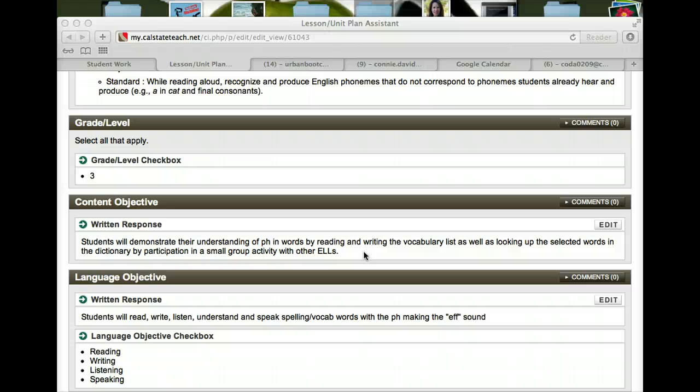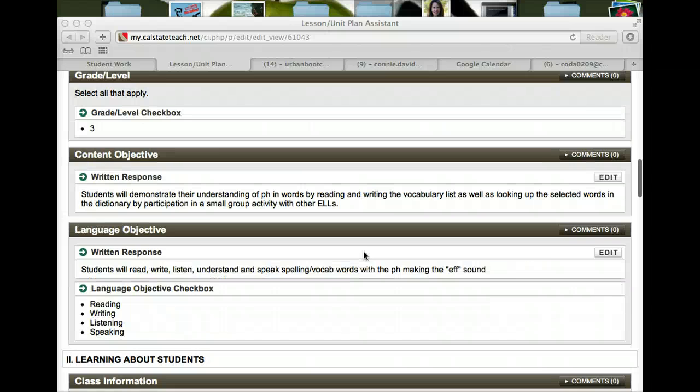An objective has to be measurable. So how many words do they have to get right in order to demonstrate mastery? Or how many do they have to speak or read or decode or identify in order to demonstrate mastery?